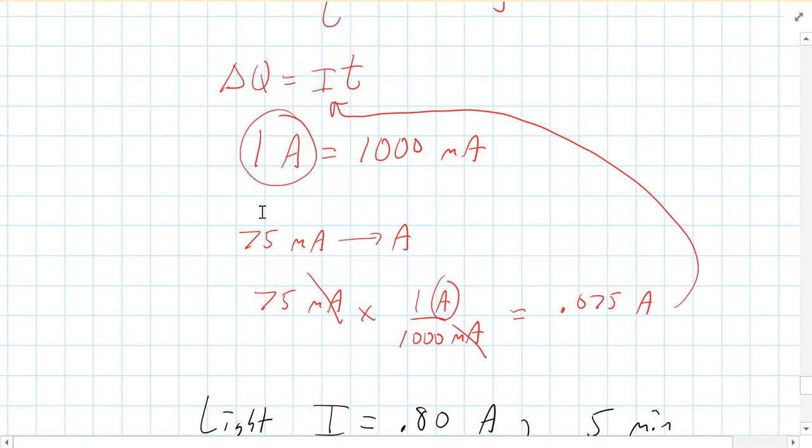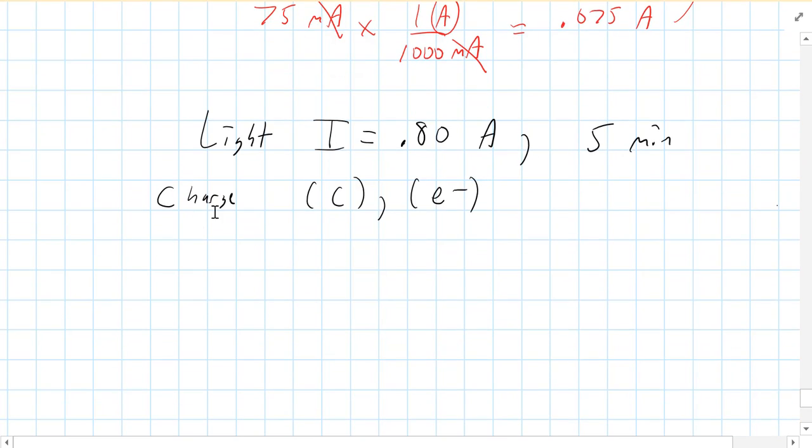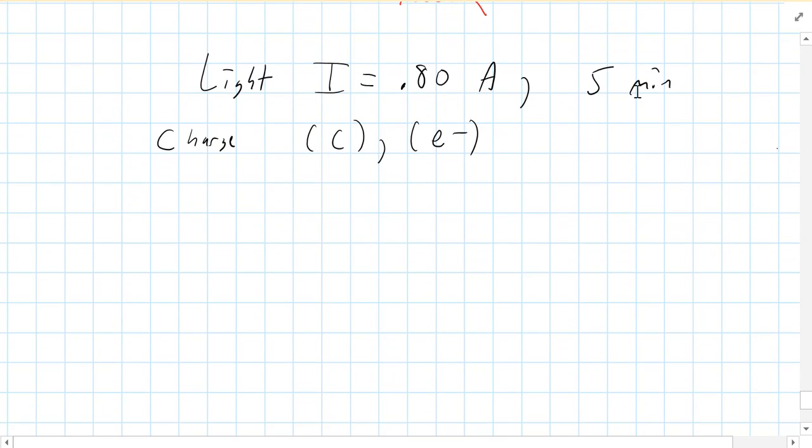Now, one other thing I'll mention: the charge in this equation is always in coulombs, the time is always in seconds, and the current is always in amps. So when you use that equation, you have to have coulombs, seconds, and amps. I gave you a current in amps. I gave you a time, but it wasn't in seconds, was it? It was in minutes. So the first thing to do is figure out how many seconds are in 5 minutes.